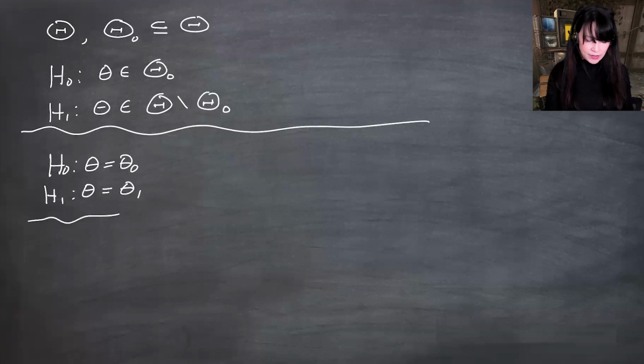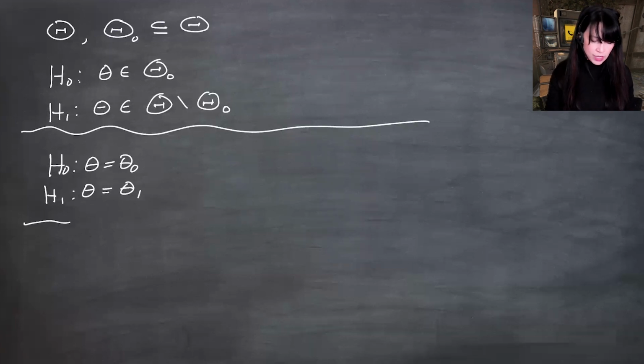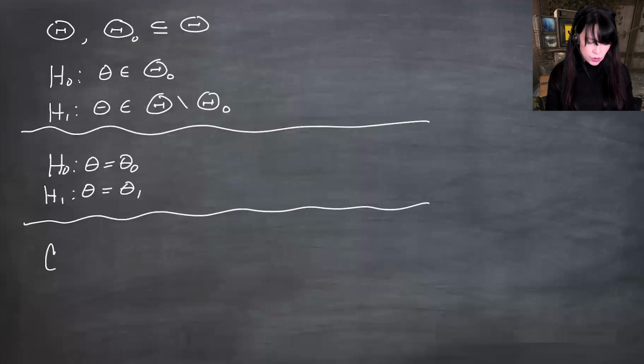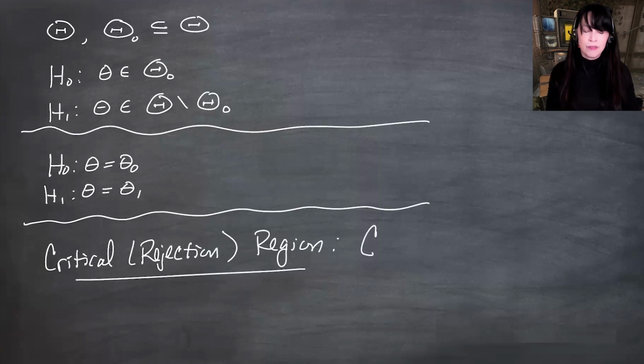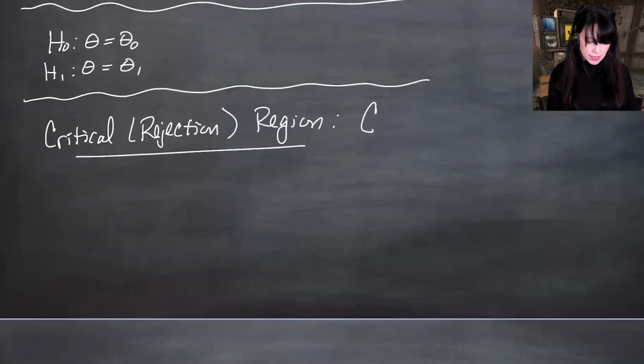Okay, so we are talking about simple versus simple right now. And we also started talking about critical or equivalently rejection regions. We're using a capital C for critical region. I guess you could use an R for a rejection region. This is a set that if your data falls into, you're going to reject the null hypothesis.